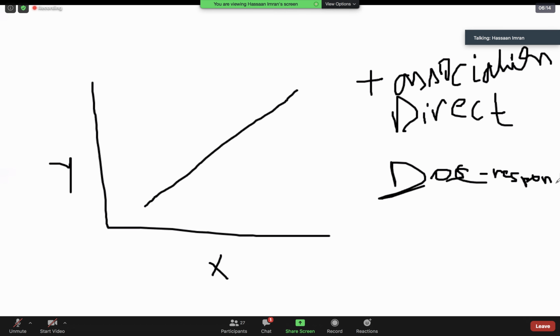So now see what this table shows: as this factor is increasing, the other is also increasing, isn't it? Yes, ma'am.